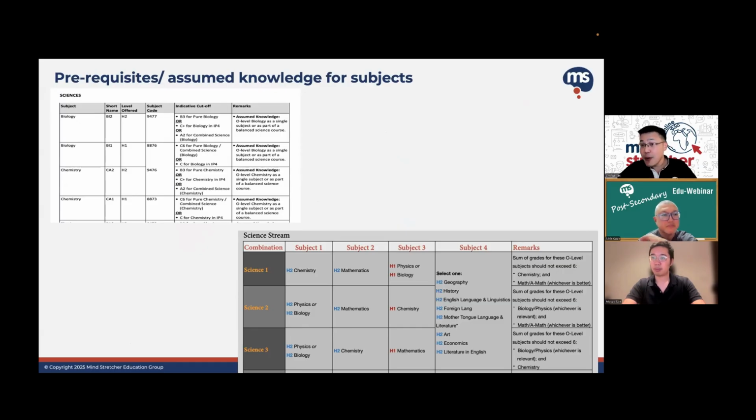For example, it's quite well known, and I hope all of you do know, that if you do H2 mathematics, the basis for H2 mathematics is A math. That means most, if not all, students going into H2 math should have done A math, right? If you have not, then it is on a case by case basis, so discuss with the school.